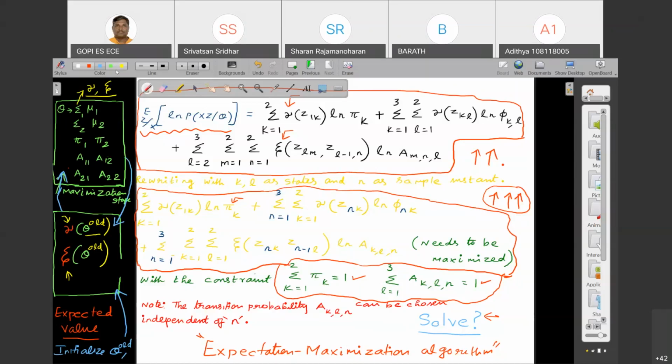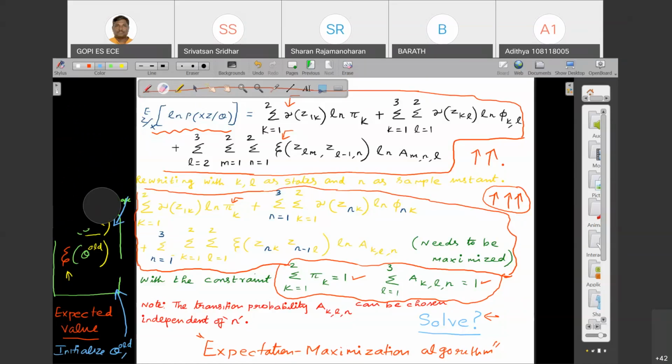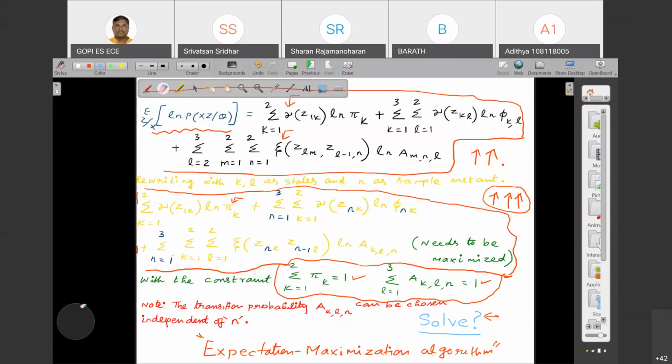So let me summarize the expectation maximization algorithm. Of course, we are going to discuss it in detail in the next class, but I just wanted to tell you what an expectation maximization algorithm is. Basically, you have to initialize theta.